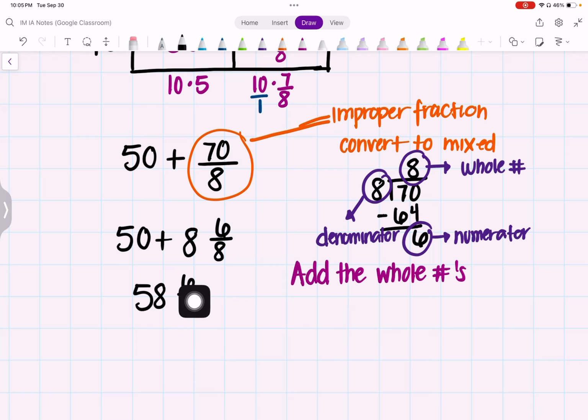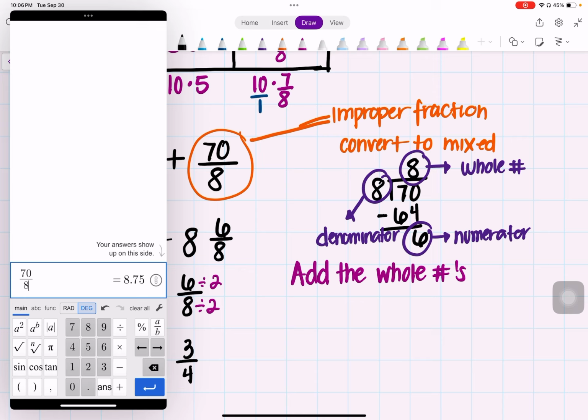And if we simplify it out, whether we use our factor sheet or we use the calculator, I could actually divide both of them by 2, right? Which would actually give me 3 over 4, right? If I use my calculator and I have 6 over 8, it actually simplifies to 3/4.